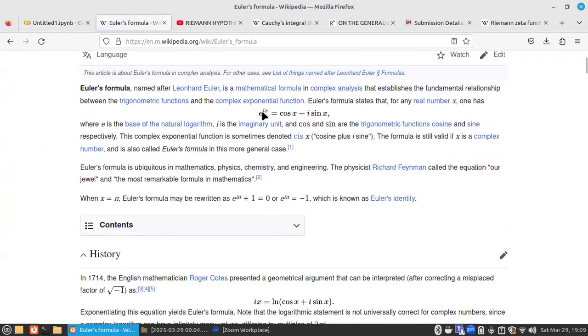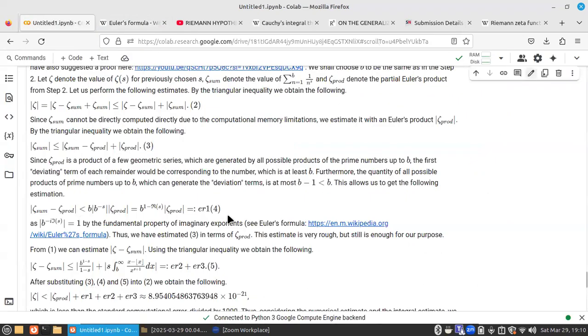So we know that the absolute value of a real number raised to some imaginary power would be of absolute value 1. Those are basics of complex analysis, so I shall not dive into it.